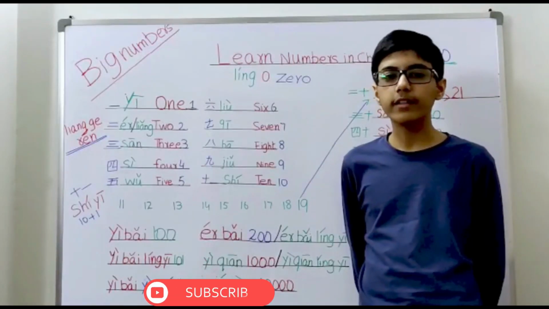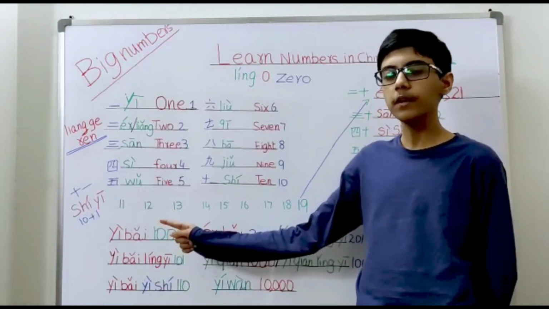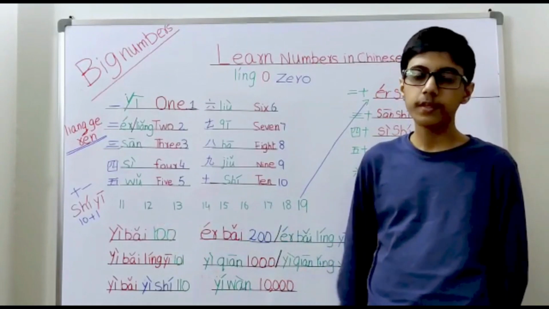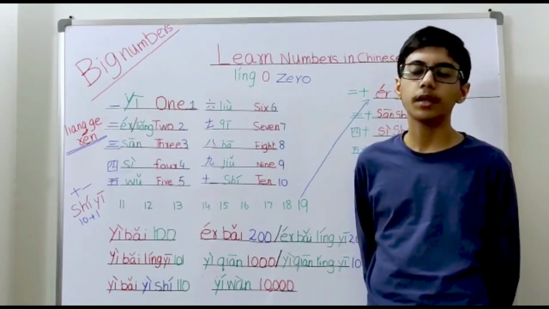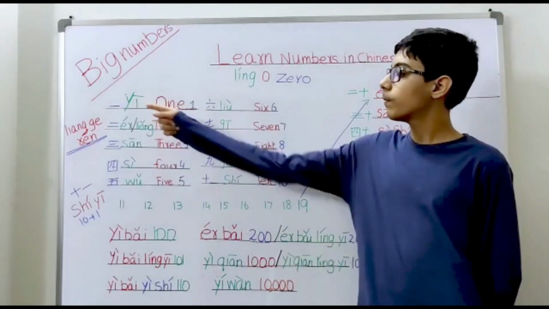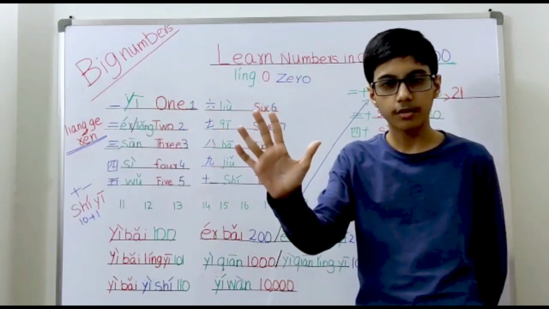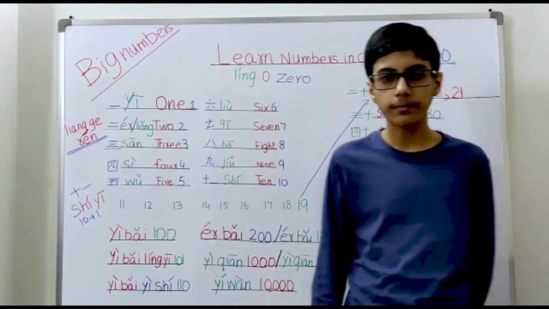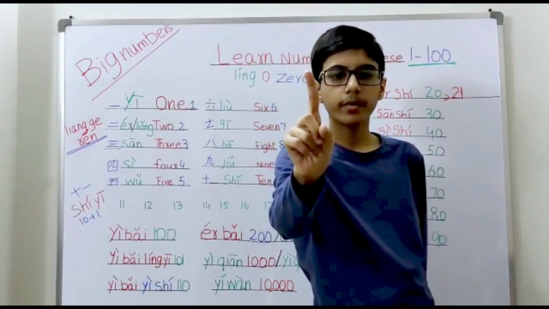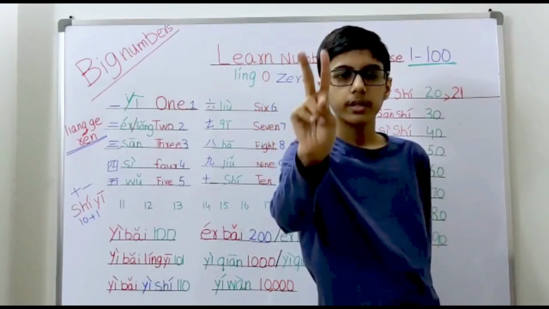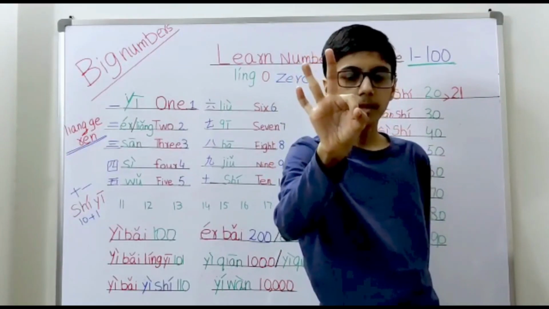Okay guys, now let's start from 11 to 20. Oh, before we move forward, you also need to learn one important thing, very important. From 1 to 10 with hand gestures. So let's start. Yī means 1. Èr means 2. Sān means 3.